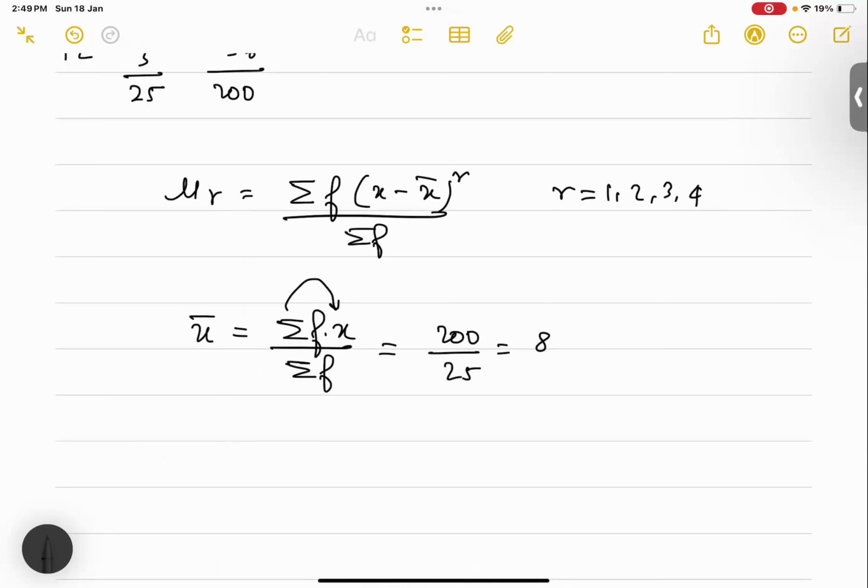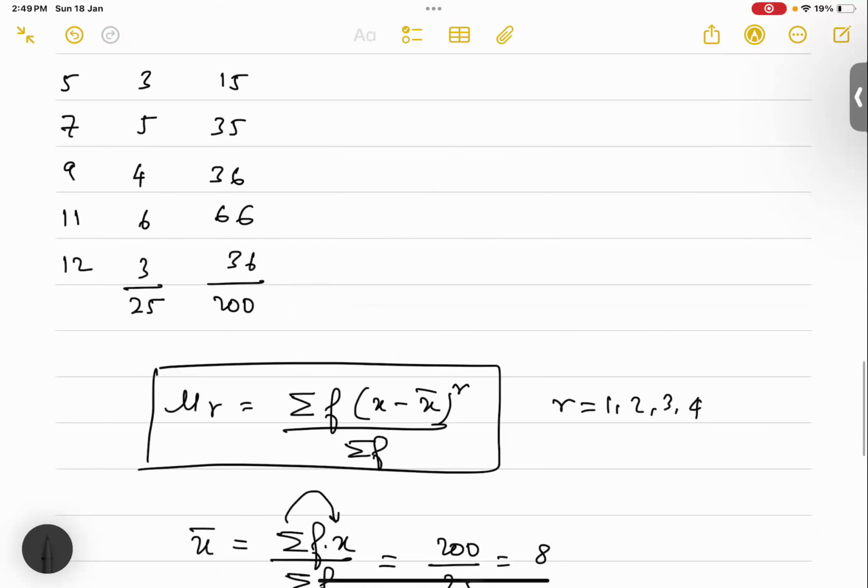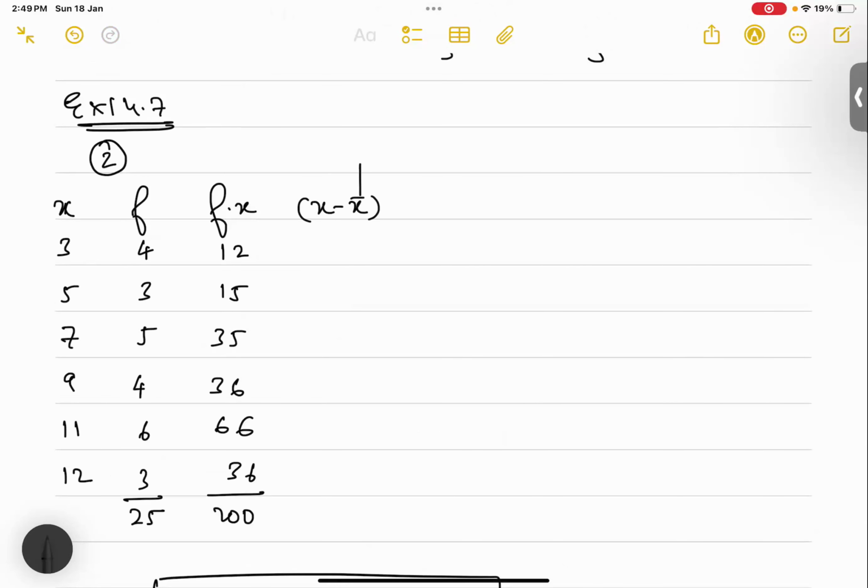Summation is beside f into (x minus x bar), so first I'm going to calculate x minus x bar. x minus x bar, this column minus 8. 3 minus 8 is minus 5. 5 minus 8 is minus 3. 7 minus 8 is minus 1. 9 minus 8 is 1. 11 minus 8 is 3. And 12 minus 8 is 4.